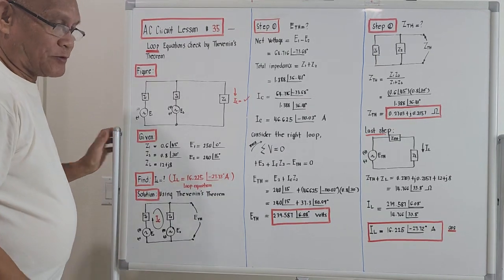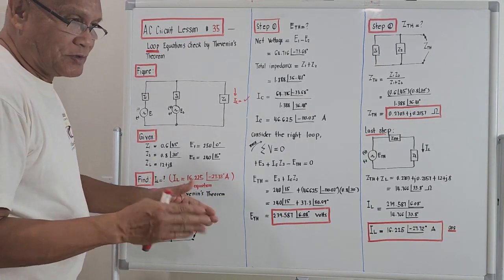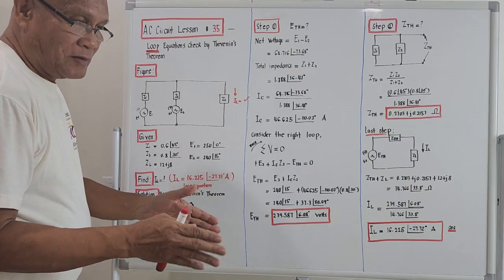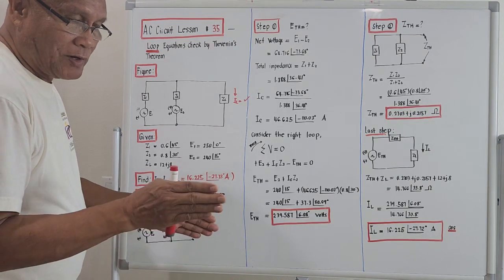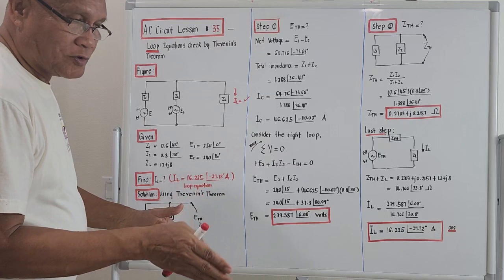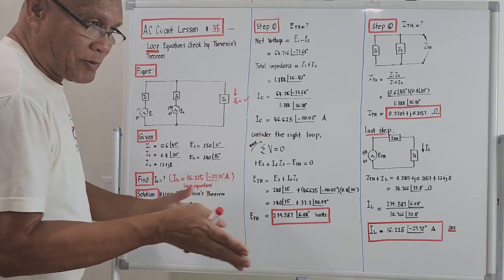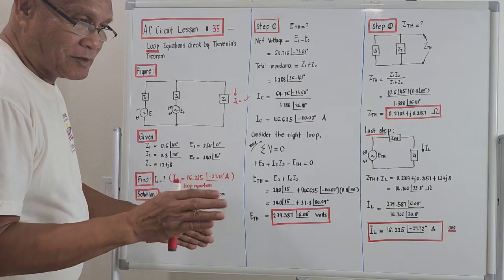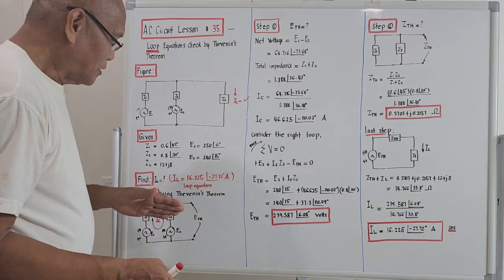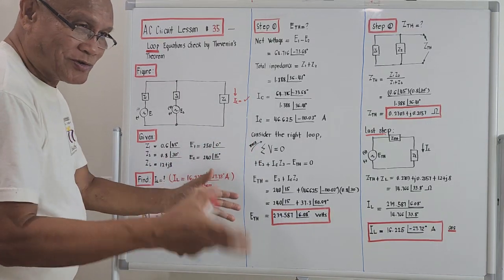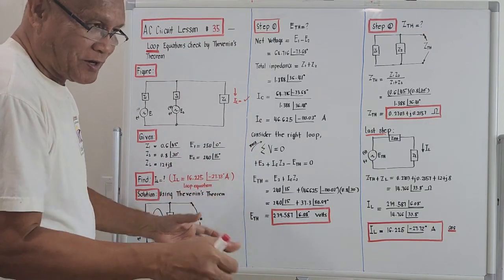It seems this is just a backdrop of the Thevenin's topic, but the relevance of this is that we will check if the loop equations were really correct. The answer will be correct. So we will be presenting that the answer for the Thevenin's is the same as for the loop equations, so we can say that our theories are actually correct.